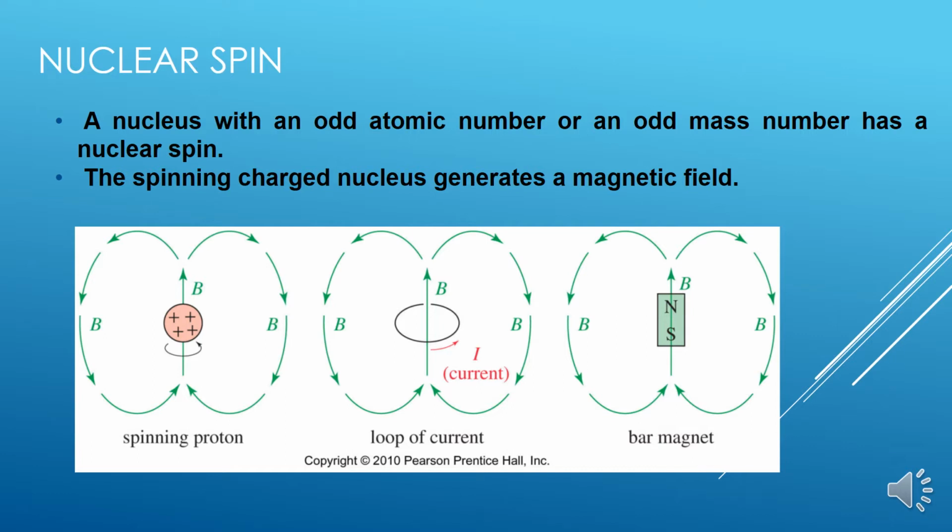Placing these atoms in a very strong magnetic field, they separate into two groups: alpha states and beta states. This nuclear magnetic resonance spectrum is observed only for nuclei with an odd atomic number or odd mass number, because they have nuclear spin.